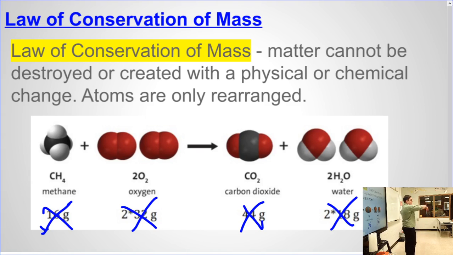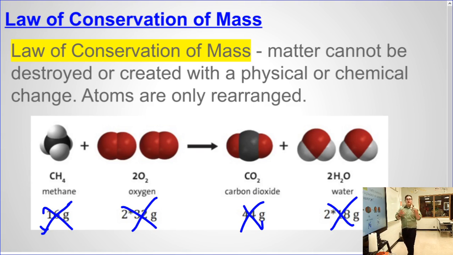So we're going to take what we did last week with atoms and molecules. Here's what I want you to be able to see and understand with this picture. If I take methane, which is a fuel, and I burn it in the presence of oxygen, it will produce 2 products, carbon dioxide and water. I will tell you what the reaction is and what it produces.